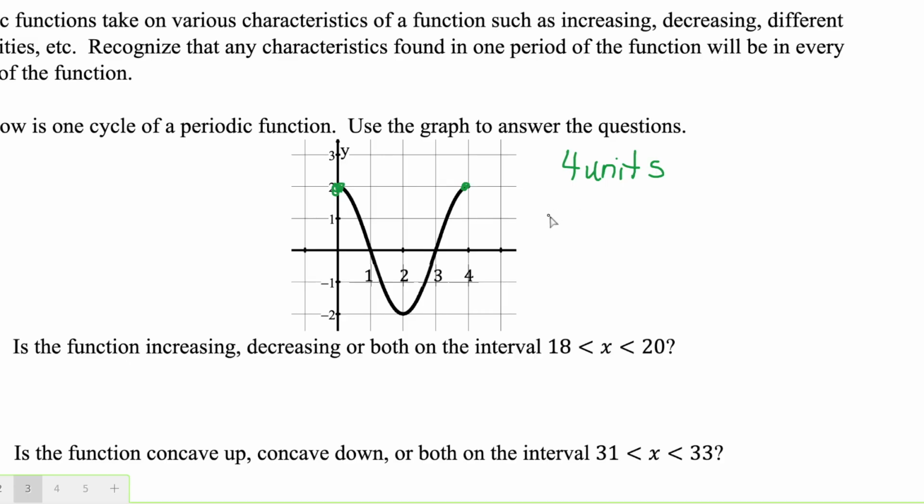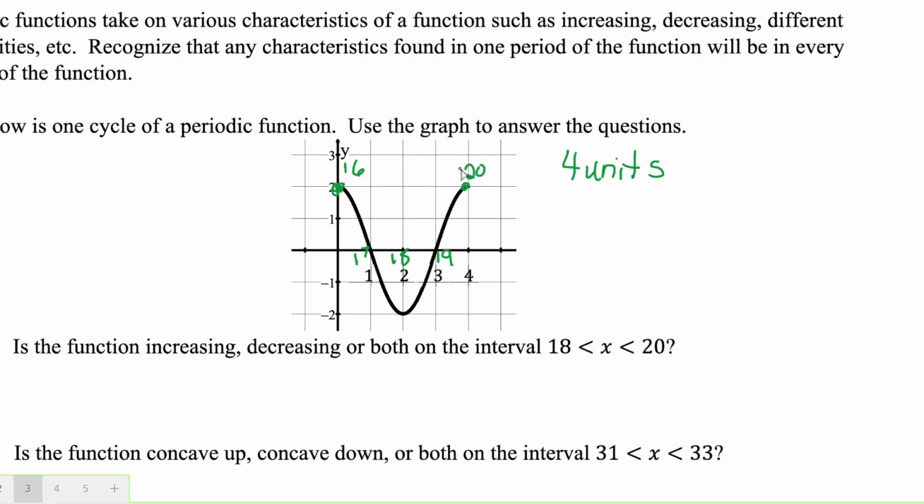Could I multiply it by 4? Yeah, I can multiply it by 4. If I multiply it by 4, I'm going to start at 16. 16 will be right here, so I'm going to put this at 16. And then this will be 17, and this will be 18, and this will be 19, and then this will be 20.